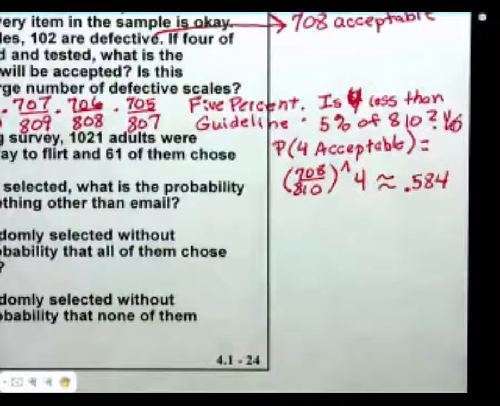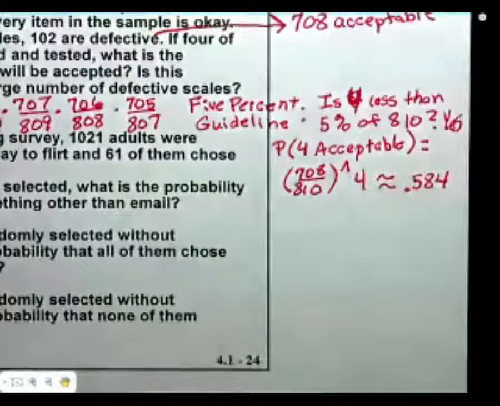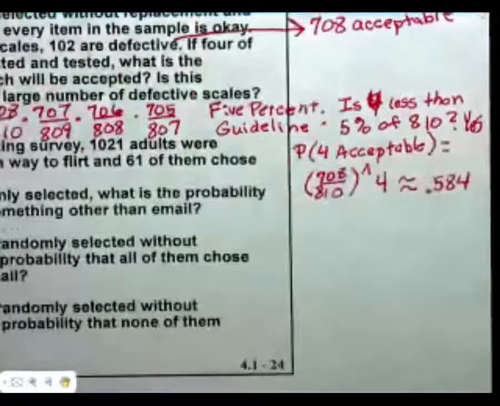So that tells me I'm going to need to draw out more than 4. Maybe if I drew out 8 and all 8 were good, maybe that would be sufficient. But this pick 4 method is not going to catch how many days we really have an unacceptable number of defective scales. So I would say the answer to that second question is no.